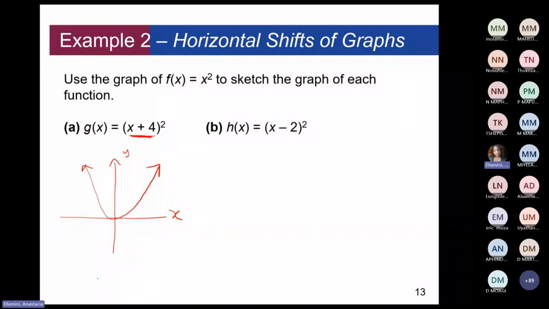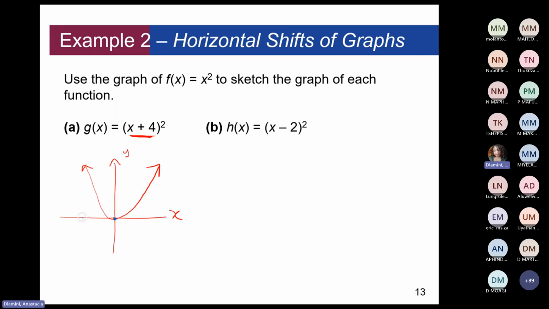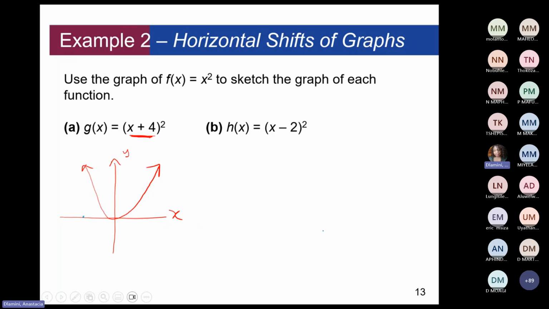So we're going to shift the graph, this red graph, by 4 units, meaning this one point comes here.